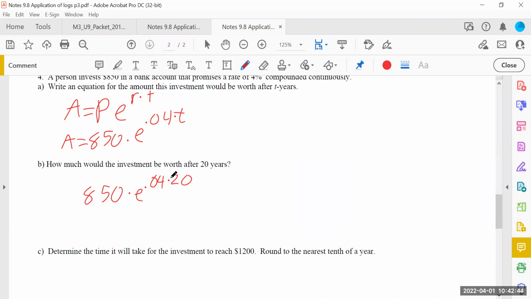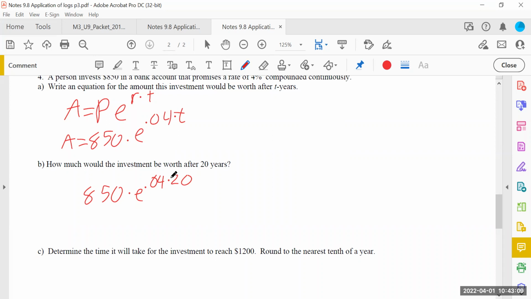So in order for this to work, do the 0.04 first times 20. Do the exponent. Gets you 0.08. Now do the second e. There's the e to a power. And then multiply by 850. So you're going to have to put in the exponent first.